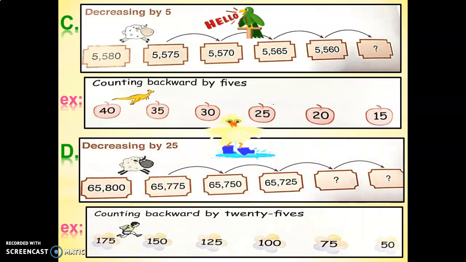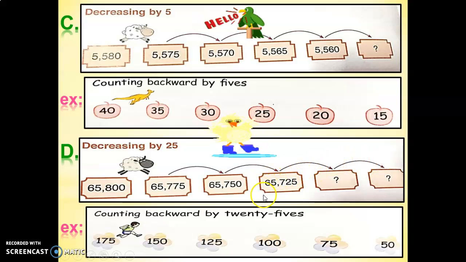The next number pattern is decreasing by 25. So it's the same as saying counting backward by 25s. From 65,800, we did minus 25 to get these numbers. What do you think should be the next two numbers?